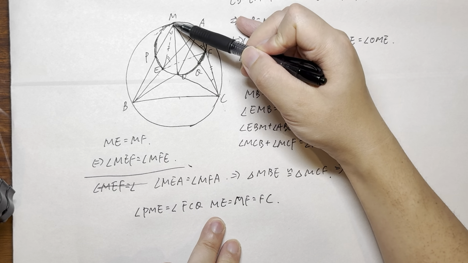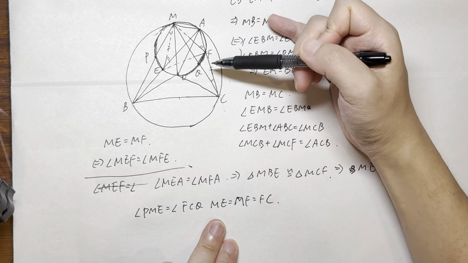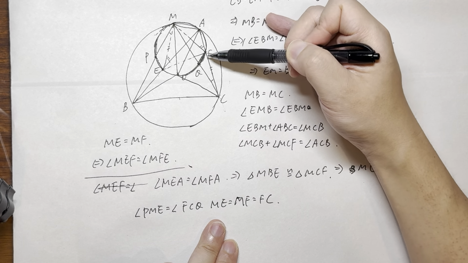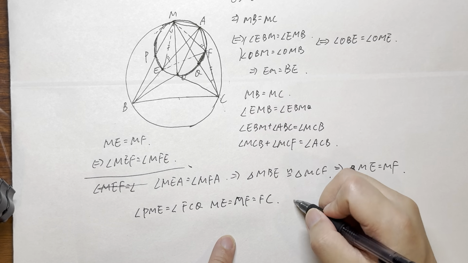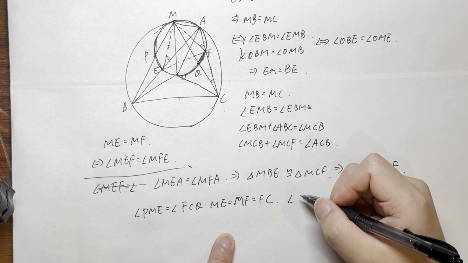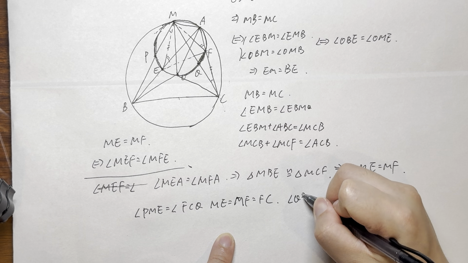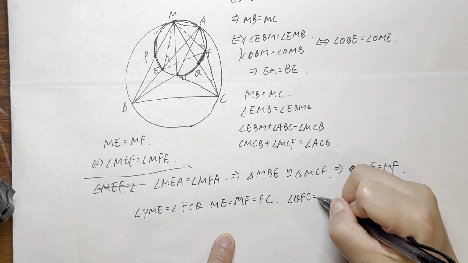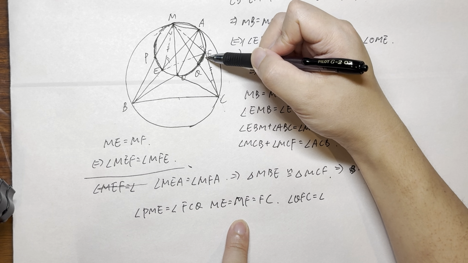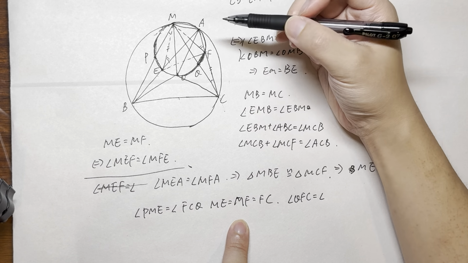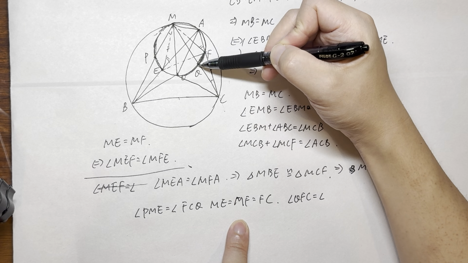Right, we want to prove that triangle MPE is congruent to triangle CFQ. So we just need to find the angle. The angle QFC equals, see, this angle equals angle MEQ.